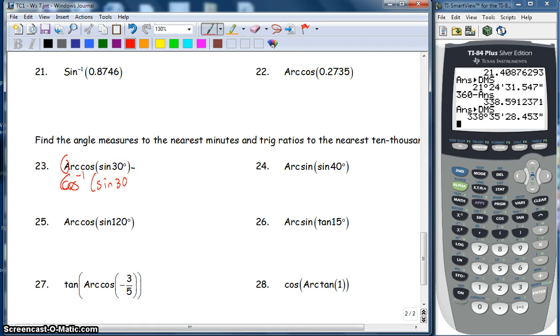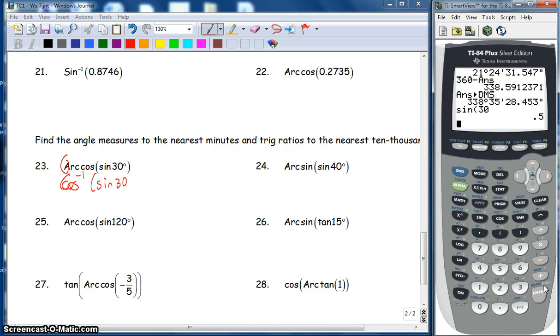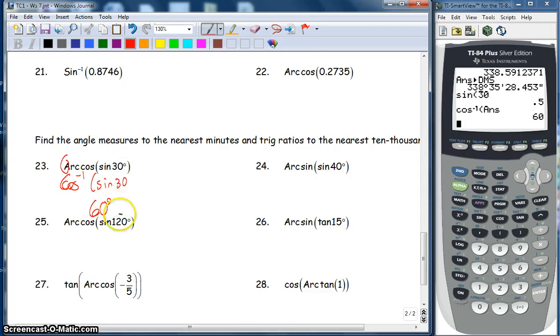Well, to do that on the calculator, do sine of 30 first, and you get 1/2. And now what they're asking is, what is the angle where cosine is 1/2? Okay, so we do second cosine of our answer, and this should be 60 degrees because cosine is 1/2 at 60. So this is actually 60 degrees, 0 minutes.